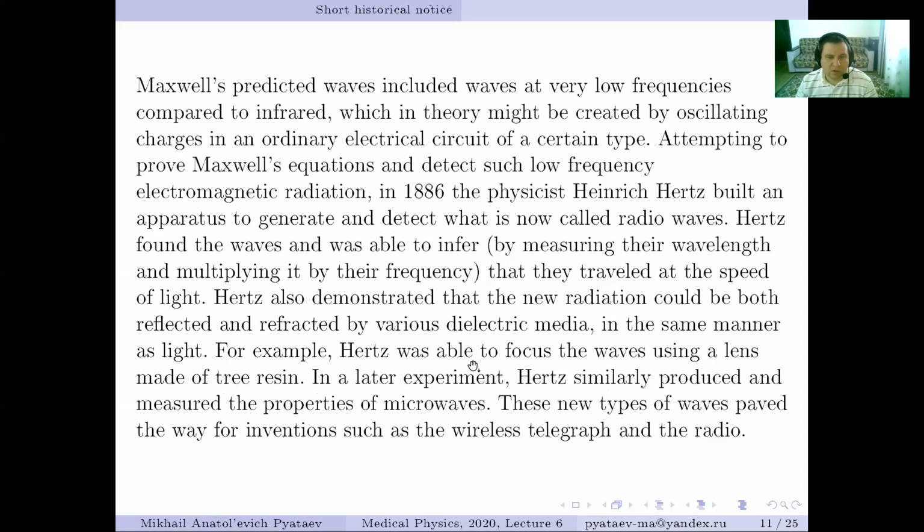And then from these equations, the basic consequence was the existence of electromagnetic waves. People didn't know that electric and magnetic fields can exist in the form of a wave before Maxwell wrote his equations. And when it was understood that those waves can exist, the physicist Heinrich Hertz built an apparatus to generate and detect them. And later, this type of waves was called radio waves.